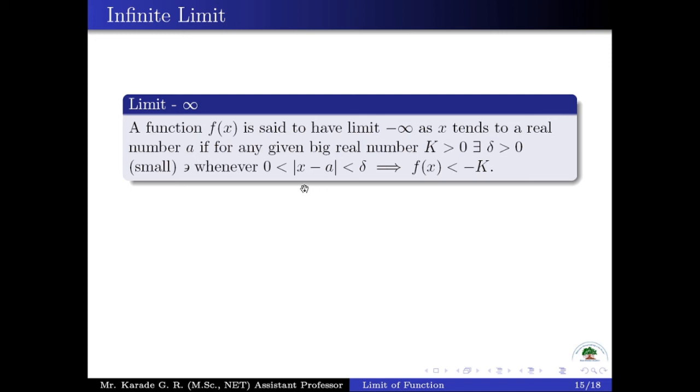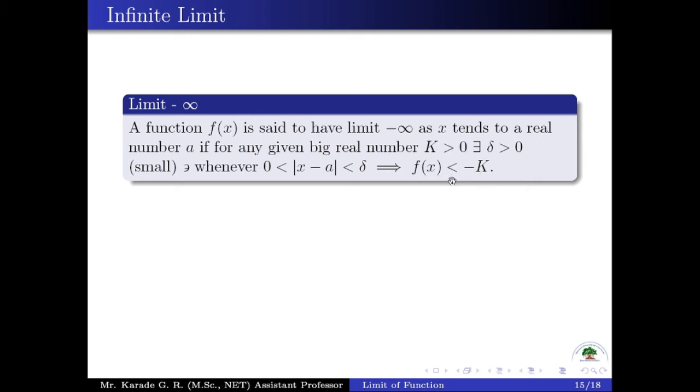This means whenever the distance between x and a is very small, or we can say whenever x approaches a, the values of function f of x are less than minus k.